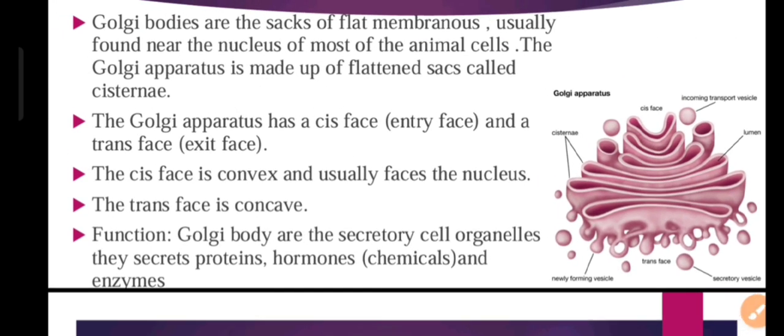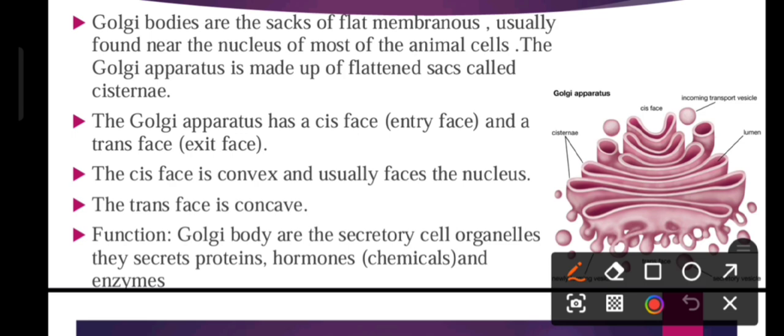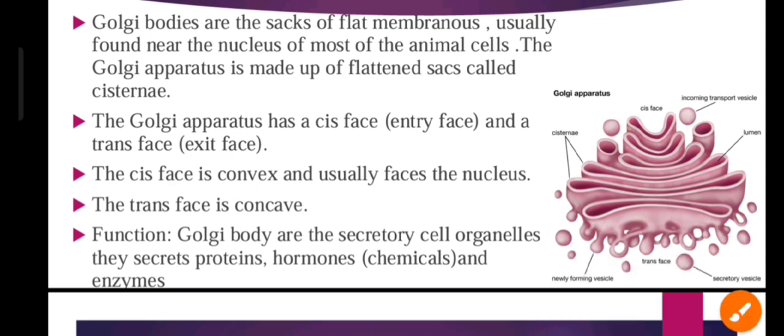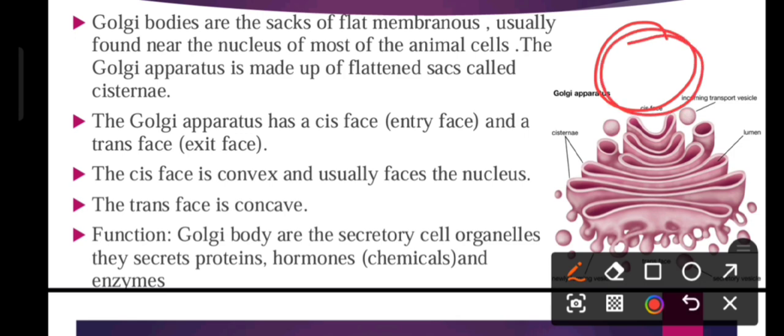And then this Golgi apparatus has two faces: the cis face and the trans face. This is the cis face and this is the trans face. The cis face is convex and usually faces the nucleus. If the nucleus is present here, it faces towards the nucleus, and the trans face is concave.